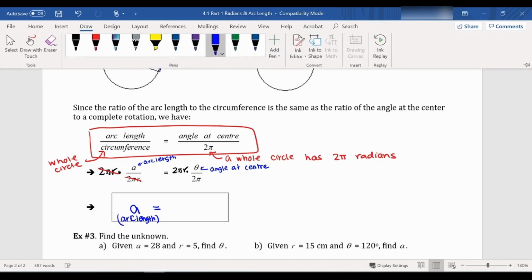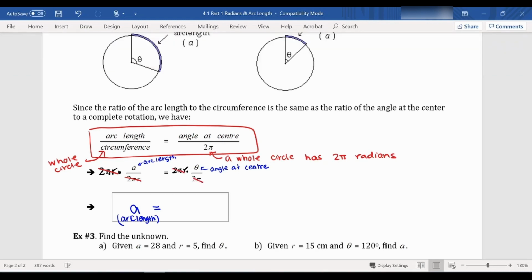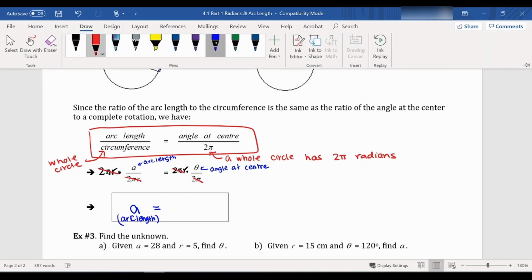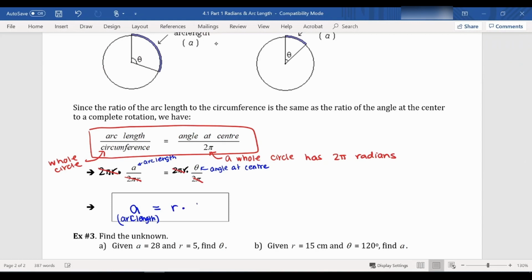And on the right, the 2 pi that I multiplied by would cancel out with the 2 pi on the bottom, and I would be left with r times theta. Theta needs to be in radians, and r is our radius.